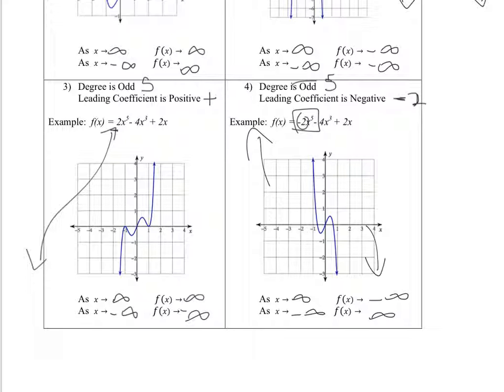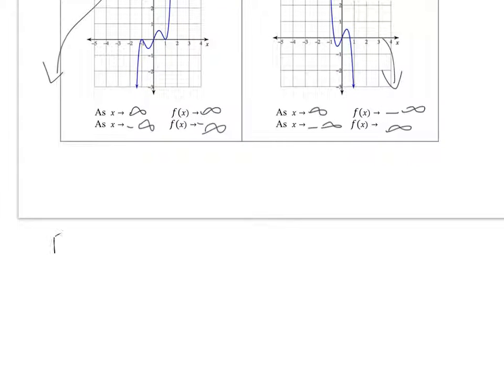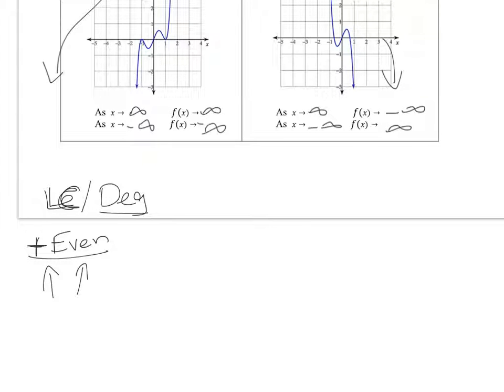So just to sum this up quite quickly, two things you look for is your leading coefficient, LC we call it, and your degree. Okay, so if the leading coefficient is positive and it's even, then the end behavior is like that. Other stuff may happen on the inside, but that's that.